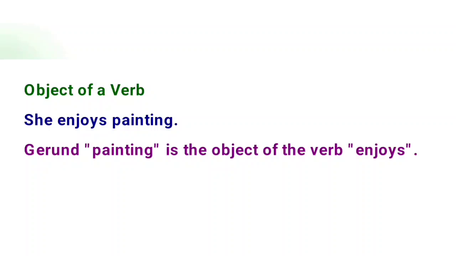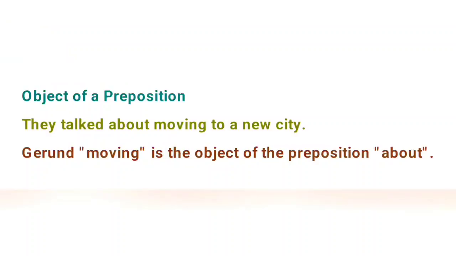She enjoys painting. A gerund also works as an object of a preposition. For example, they talked about moving to a new city. In this sentence, the preposition is about and the gerund is moving.